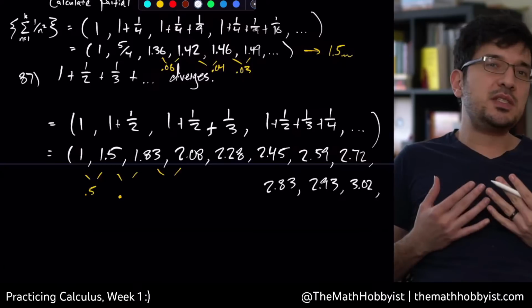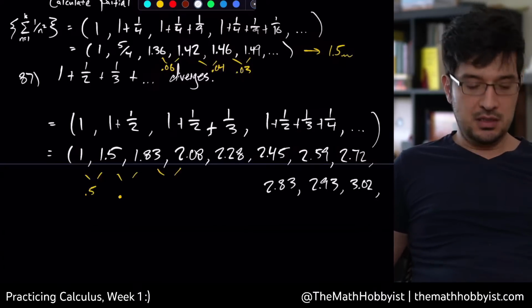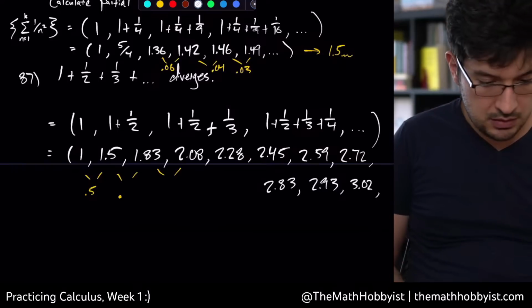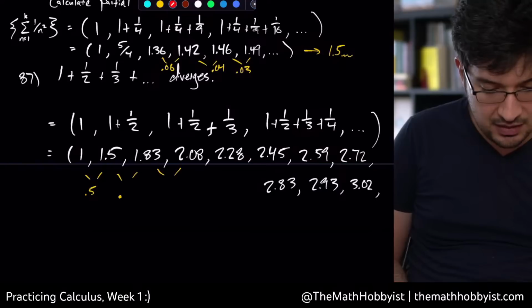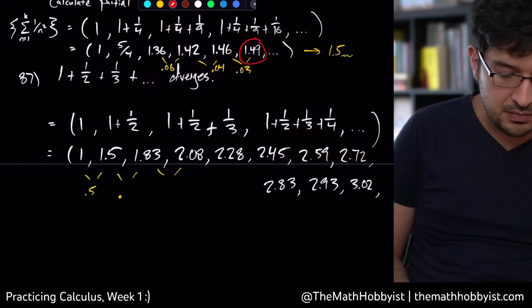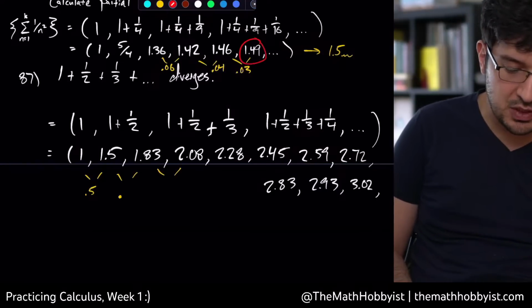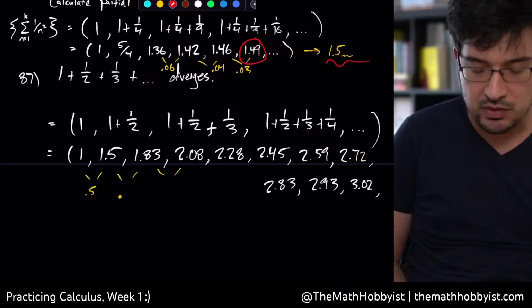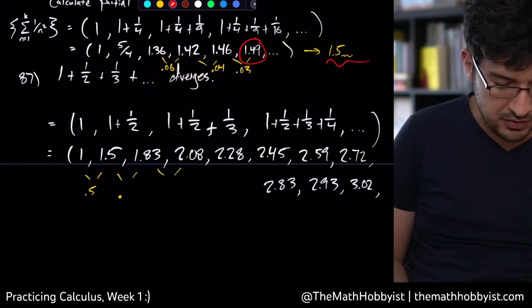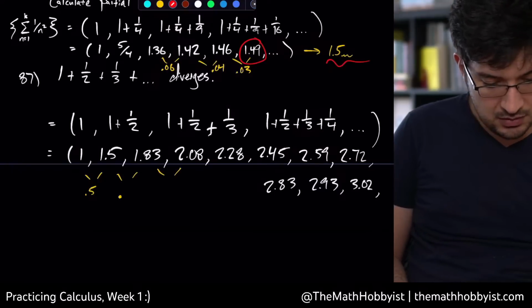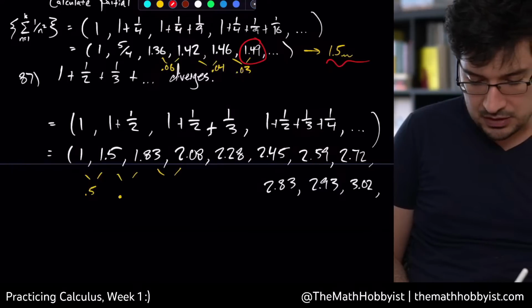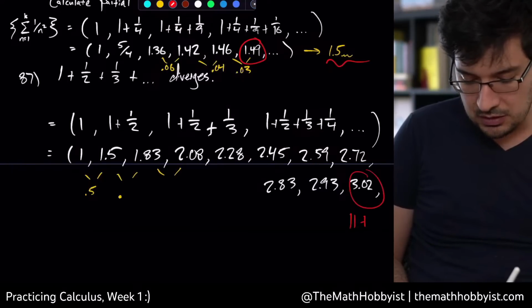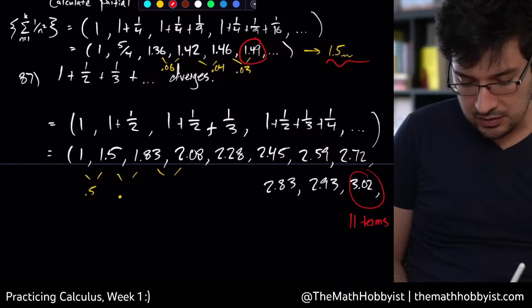How do we know that we just haven't taken enough terms yet? But by the sixth term, the growth really seemed to be slowing down, and we're getting very close to 1.5. Whereas on this one, we've taken 1, 2, 3, 4, 5, 6, 7, 8, 9, 10, 11 terms, and still growing.